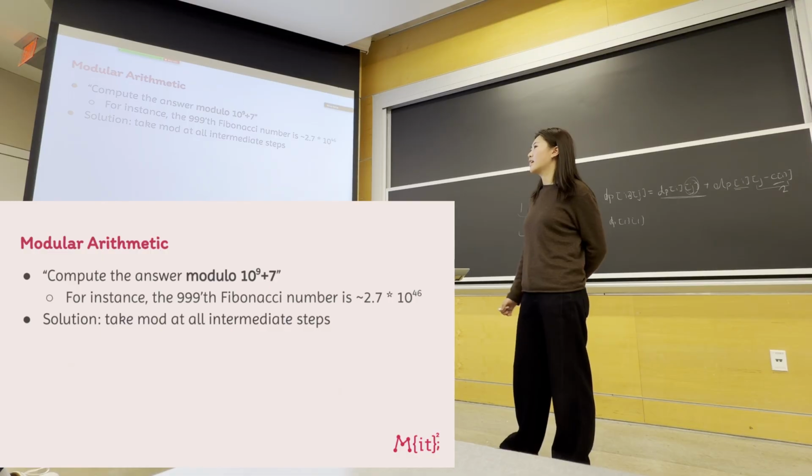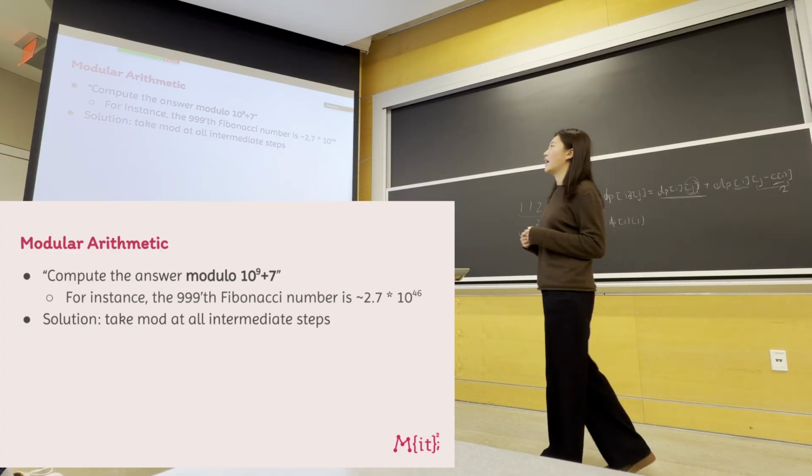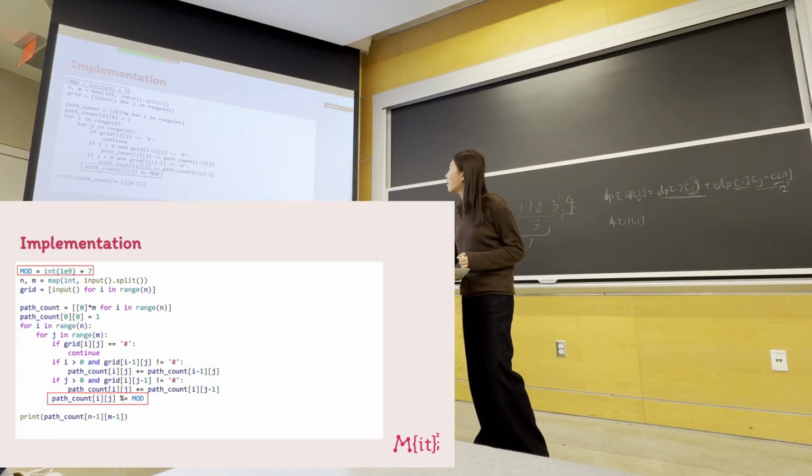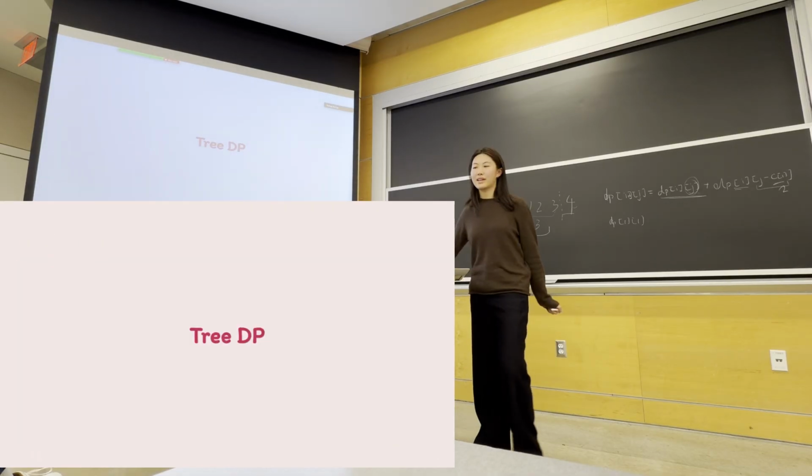Instead of taking the mod at the very end with a very big number, which our computer can't do, we need to mod at every intermediate step. If we look at the grid path example again, we make sure that in each transition, in each step in our inner loops, we mod so that our value never goes past the maximum integer value.